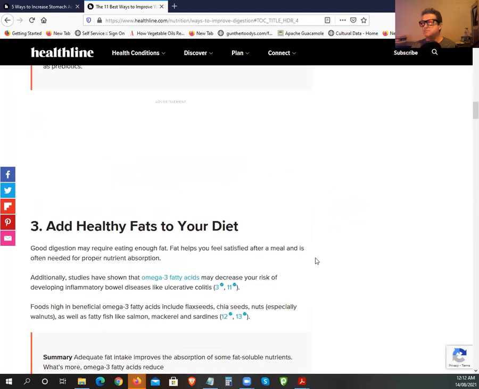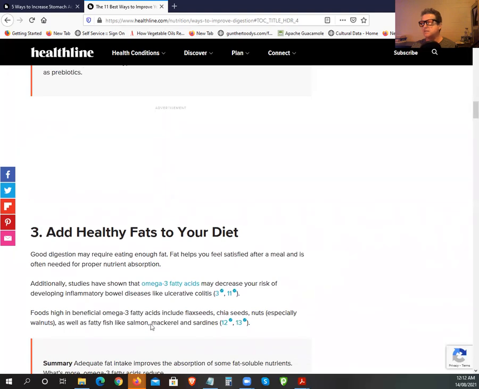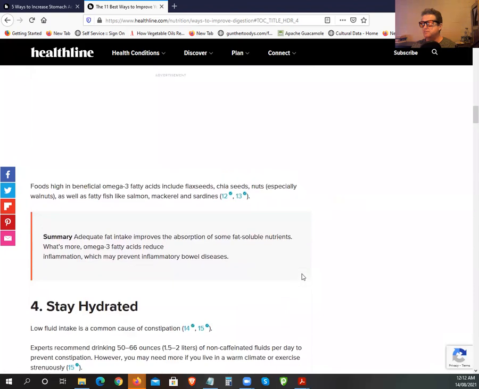Add healthy fats. Flaxseed, chia. Are you kidding me? Most people can't even convert that crap into DHA or EPA. Just eat fish and other animal products, eggs included.